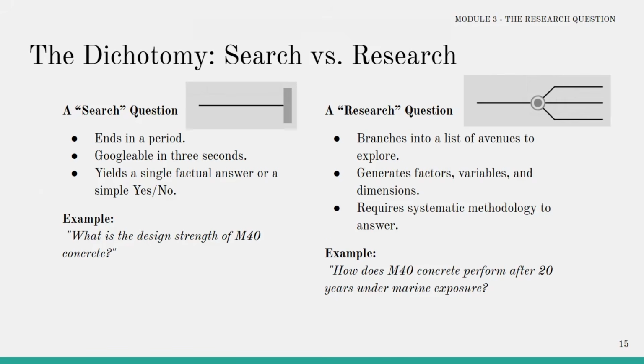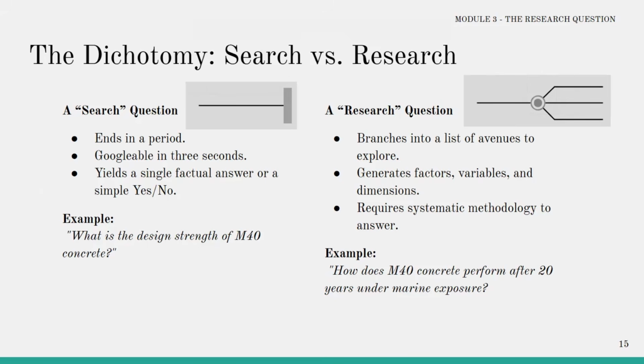For example, the research question, you can modify it like, how does M40 concrete perform after 20 years under marine exposure? Now we can see that we're not asking only for the strength of the concrete, but we are targeting a specific period, like 20 years. How will it perform? Strength is a part of it, maybe.